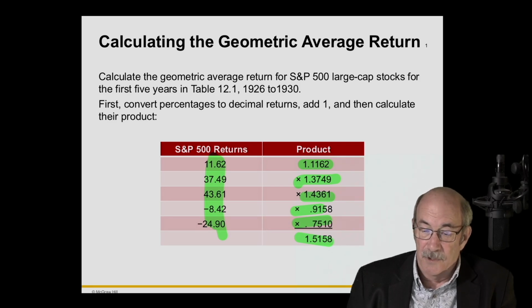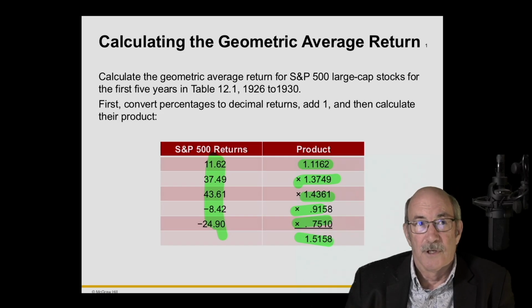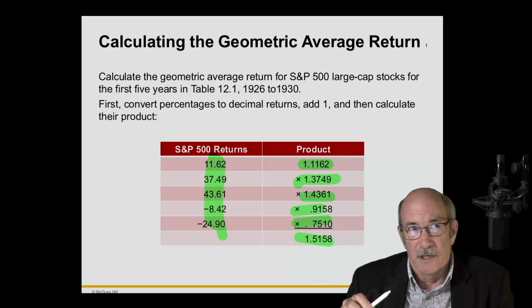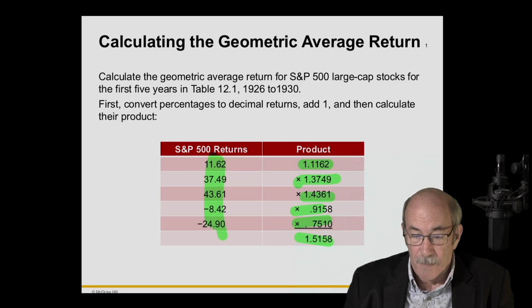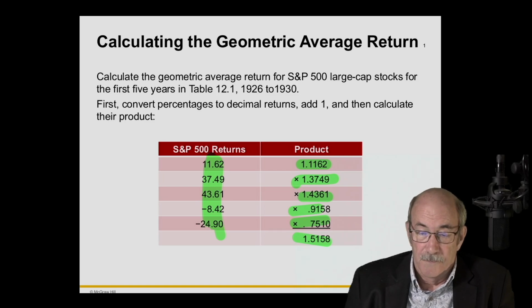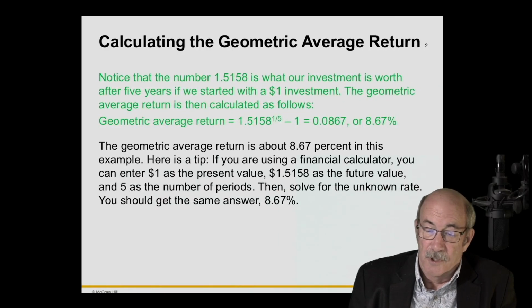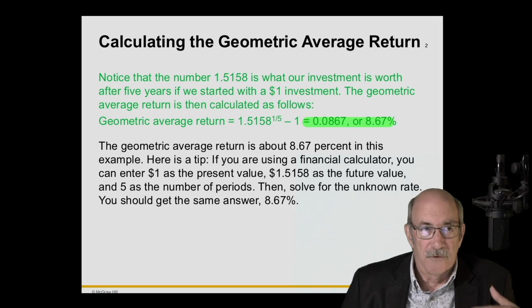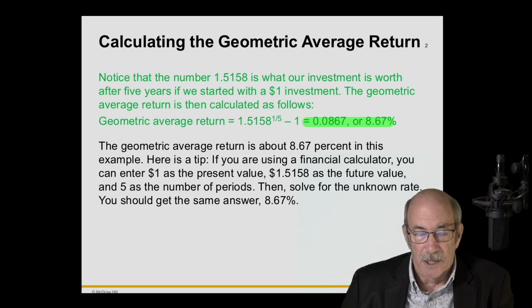We take that to the, since we have 5 returns here, we take that to the fifth root, or hit the y to the x button and enter 0.2, and then subtract your 1. And you should end up with 8.67% out of that. Again, run through a couple of those just to make sure you're comfortable with that calculation.